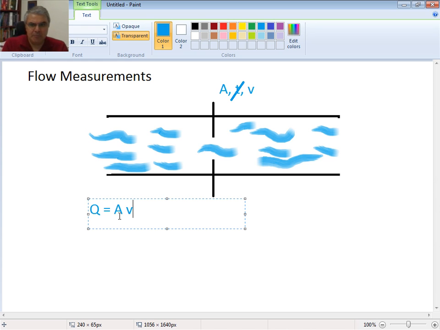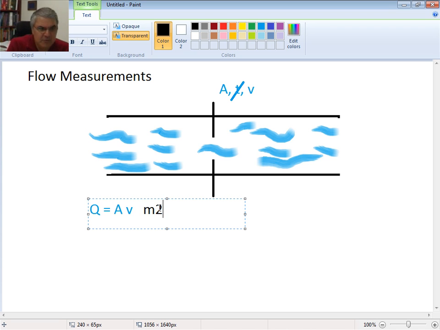So this would be the flow rate. Okay, the unit for this, as you can imagine, since you're talking about a volume, could be cubic meter. Better yet, let me just spell this out. The cross-sectional area would be square meter, right?